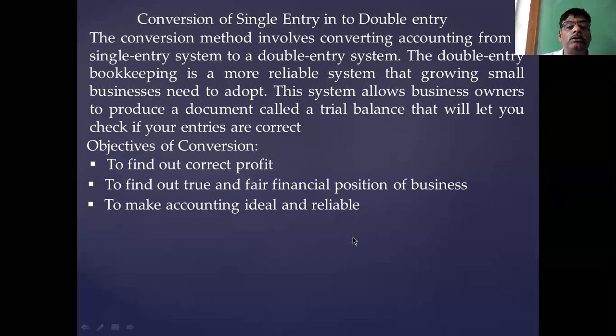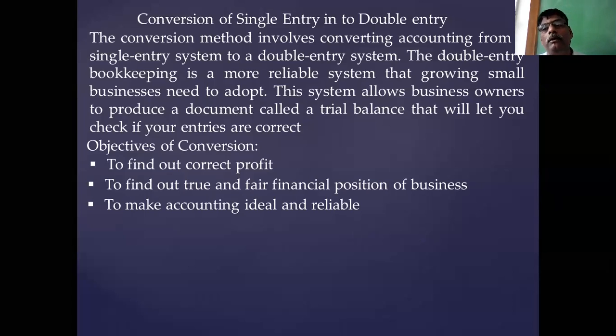And the third objective is to make the accounting ideal and reliable. Whatever accounts you maintain under the single entry system are not the ideal one, because you prepared them according to your requirements, in a manner convenient to you, so that is not an ideal one.